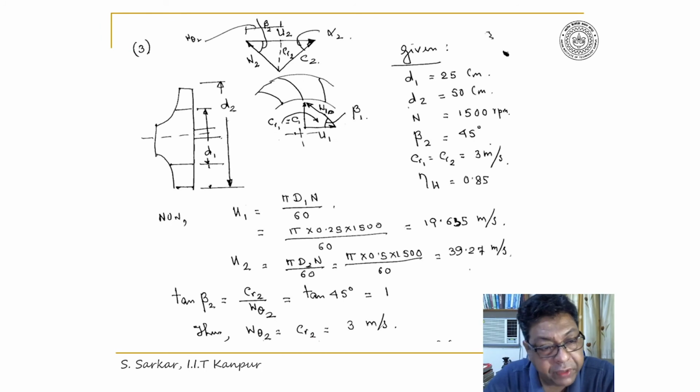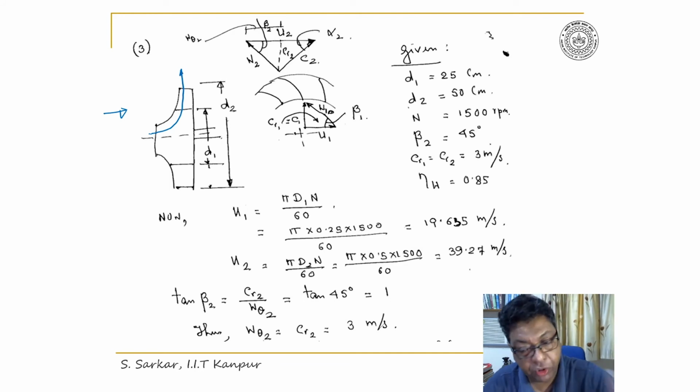I always prefer to draw a schematic before numerical calculation so that I can visualize physically what is happening within the impeller. This is the overall impeller schematic, and if I consider meridional streamlines, it will be like that.